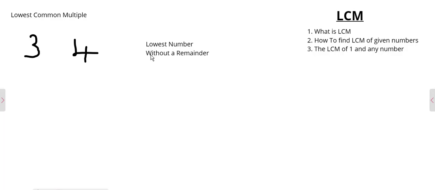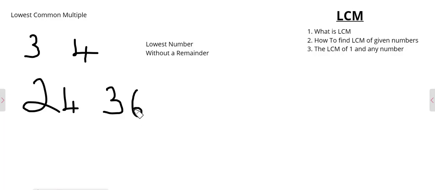If we are asked to find the LCM of given numbers, for instance 3 and 4 here, I'm talking about the numbers that 3 and 4 can divide without a remainder, and one of those numbers is 24. Yes, I'm very sure 3 and 4 can divide 24. 3 and 4 as well can divide 36. Yes, and I'm pretty sure 3 and 4 can also divide 12.